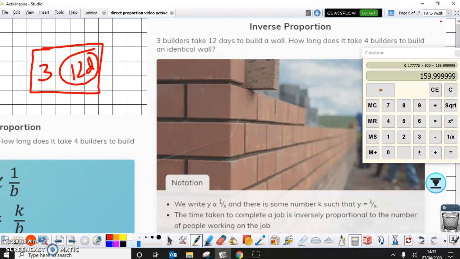So if we had 4 people, that's going to take less. If they're working all at the same speed, have an identical wall, it will take less time because I've got an extra builder. So before we even start looking at the notation, how long will it take 1 builder to build it? Well, it's going to take more. So all I do is multiply the number of builders by the amount of days. So 1 builder would take 36 days.